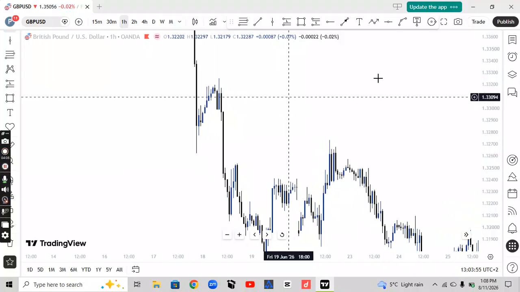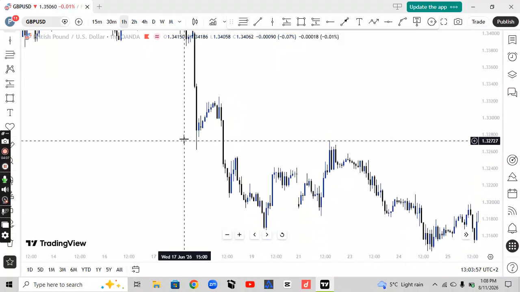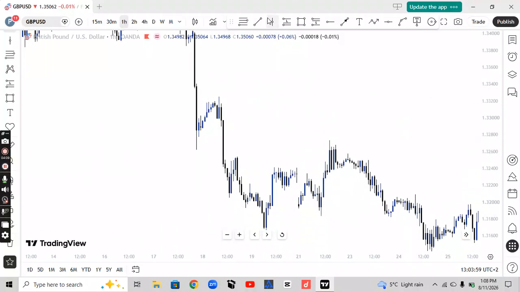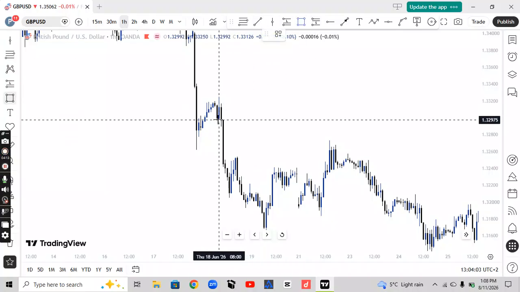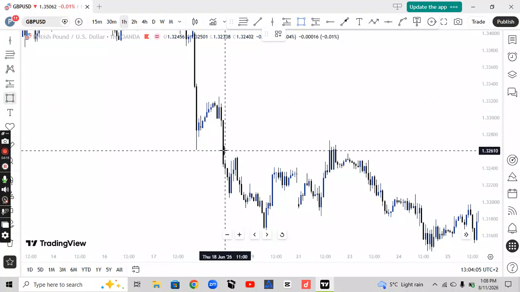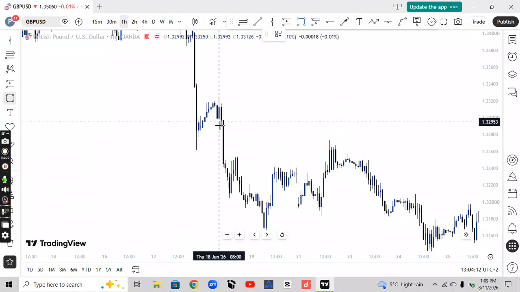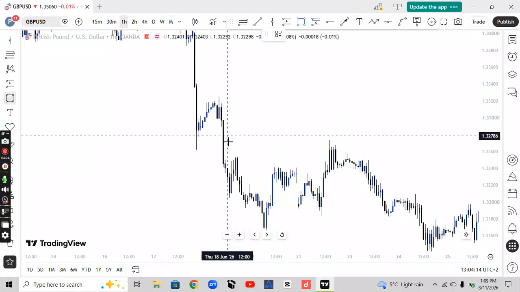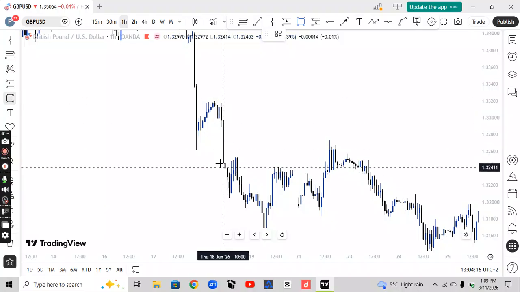In a bearish scenario, our order block would be the last buy to sell, and vice versa in your bullish market, so it would be the last buying candle before the market made the massive move.